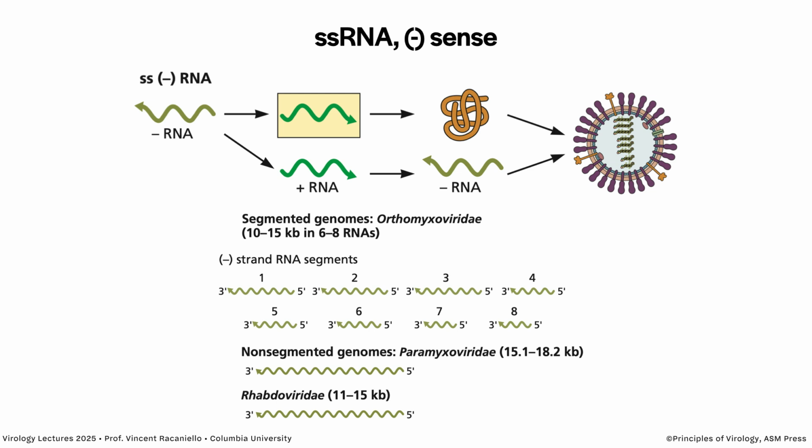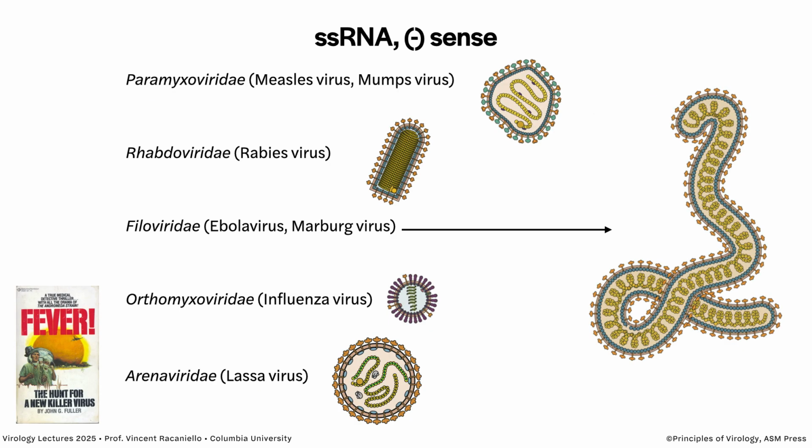Now, all RNA viruses encode an RNA polymerase, but only the minus-strand viruses have to have the polymerase in the particle. The plus-strand viruses don't, because when that RNA gets into cells, it's immediately translated to start the infectious cycle. It's very cool.